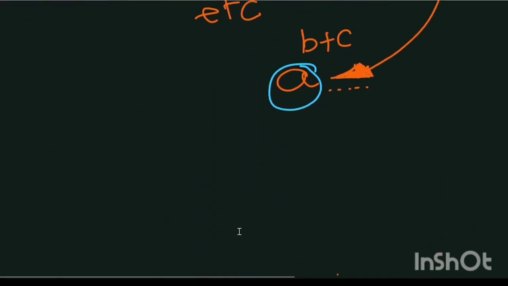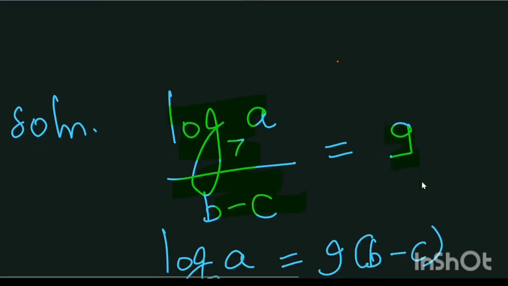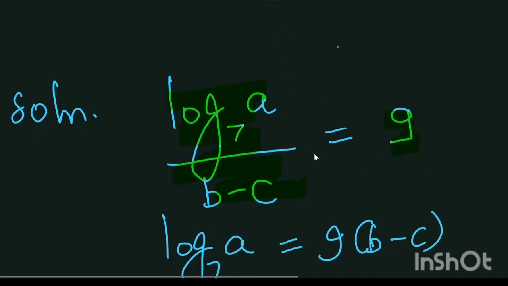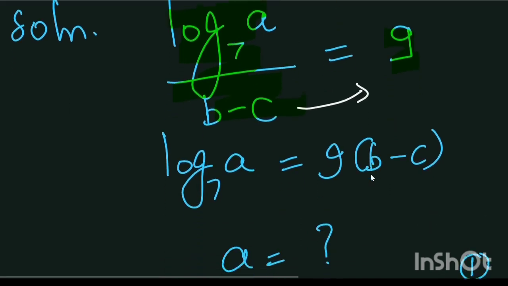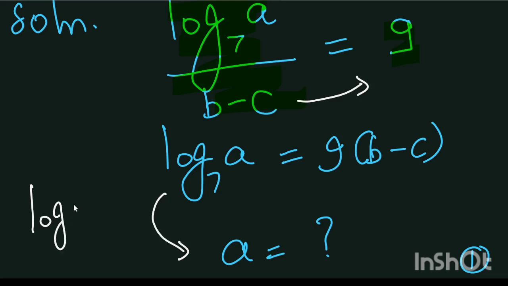So guys, starting with the solution, the first equation that we will take: log a base 7 upon b minus c is equal to 9. Cross multiplied, 9 times b minus c. Now from here to here we will use which rule? Log m base n equals k, so m is equal to n to the power k, that is the definition. n comes out and it will push k up, it will go in the power.